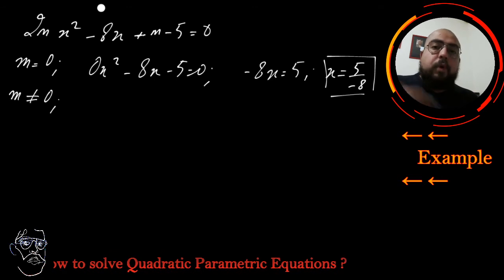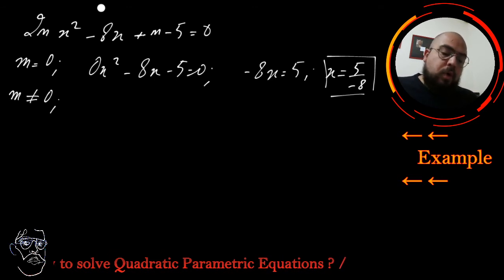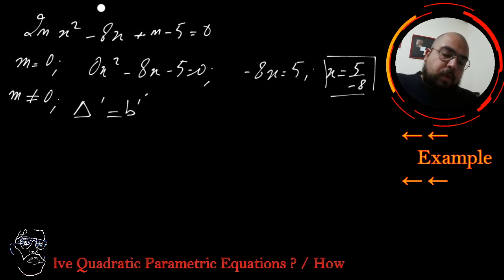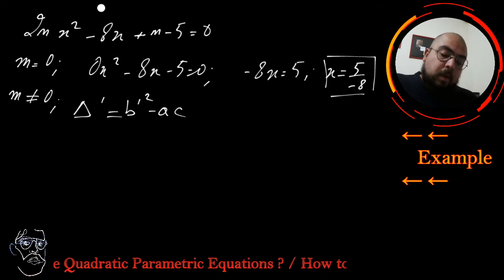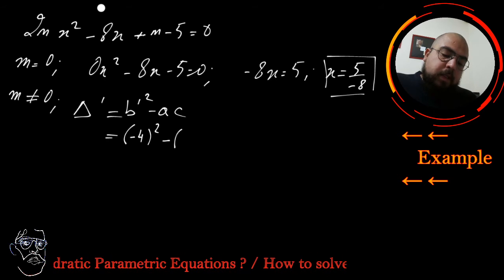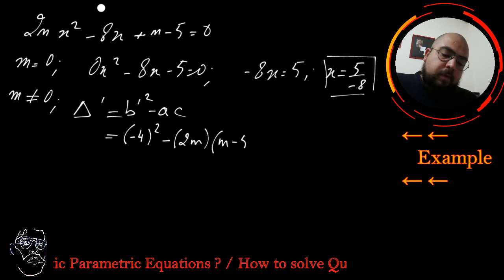You will have a quadratic equation, so it will remain second degree, and of course you will have to calculate delta. In this case, delta prime is b prime squared minus ac, so it's equal to minus 4 squared minus a, which is 2m, times c, which is m minus 5.